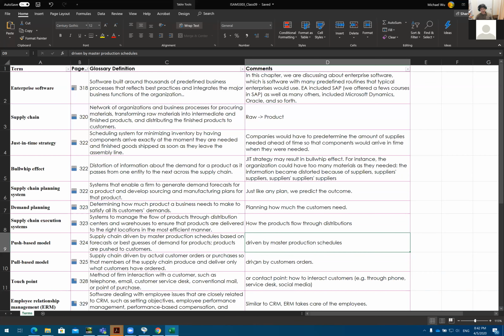Pull-based, on the other hand, is driven by customer demands or customer orders, right? This data can be obtained from the CRM, whereas this data is obtained from SCM, supply chain management.